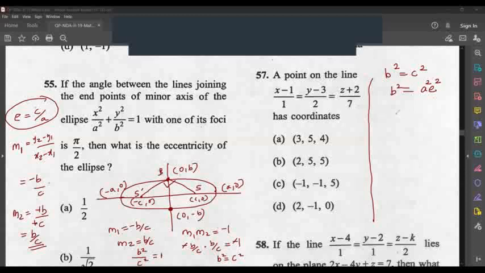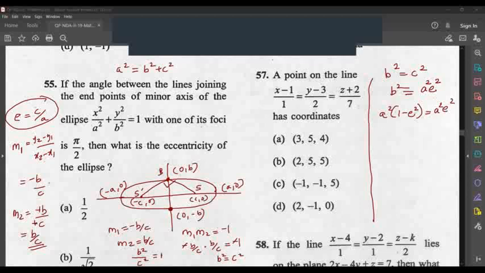Now, what is b square? b square is nothing but a square into 1 minus e square, because we know for an ellipse, a square is equal to b square plus c square.